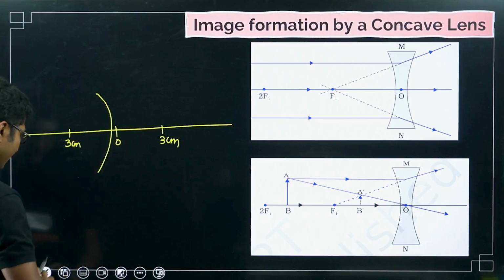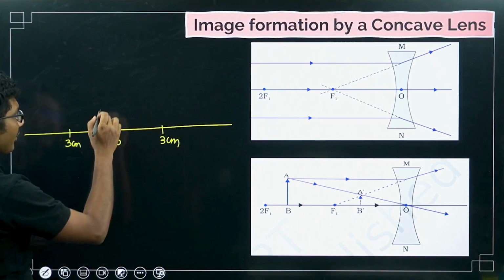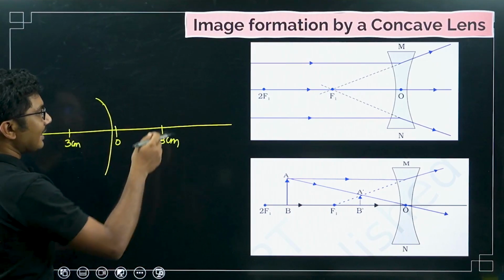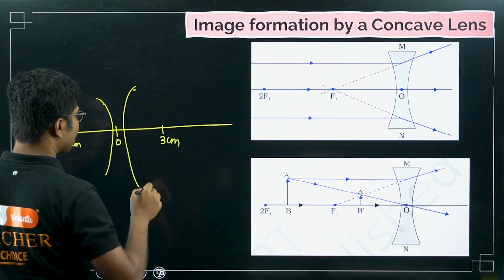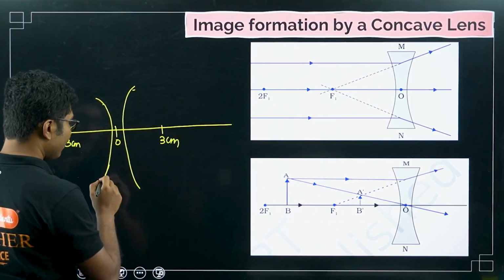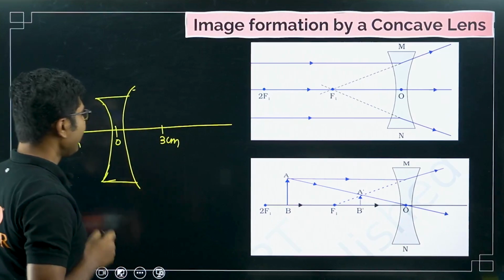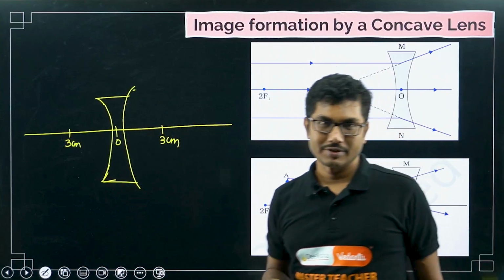It should not be touching here, but it should be very close. 2.9 is fine. Similarly here also use the same radius, 2.9, and draw another circle. Then you join them using another scale beautifully, so that it looks perfect. That will give you a concave lens.